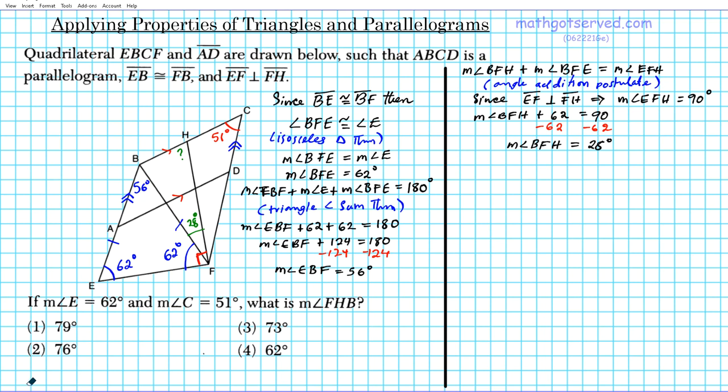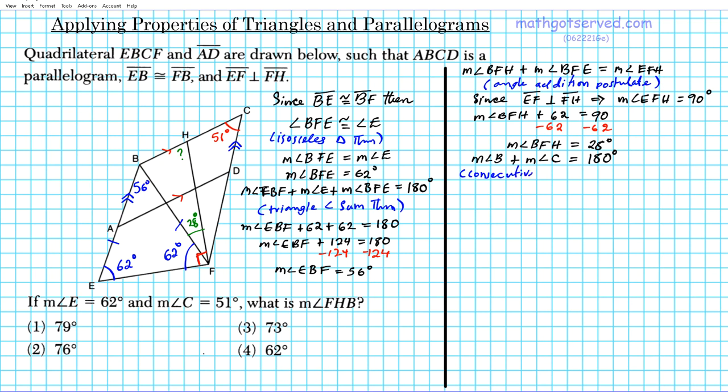We said that consecutive angles of a parallelogram are supplementary, or they add up to 180 degrees, right? So let's write down an equation using that piece of information. The measure of angle B plus the measure of angle C is 180 degrees. How do we know that? It's because they are consecutive angles of a parallelogram. That's one of the properties of parallelograms, okay?